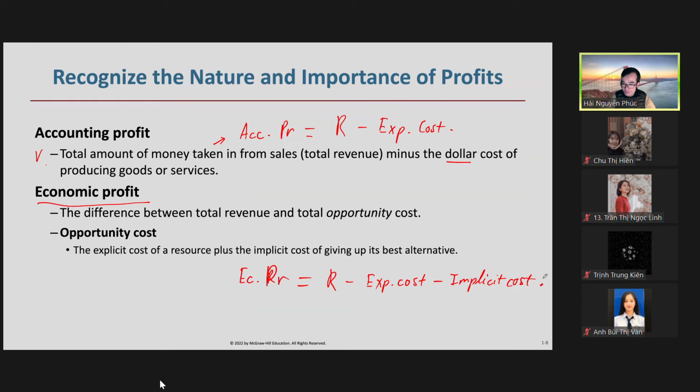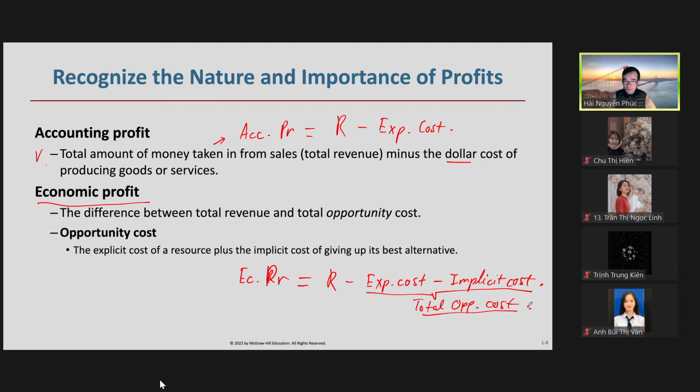And we say the sum of explicit cost and implicit cost is the total opportunity cost.